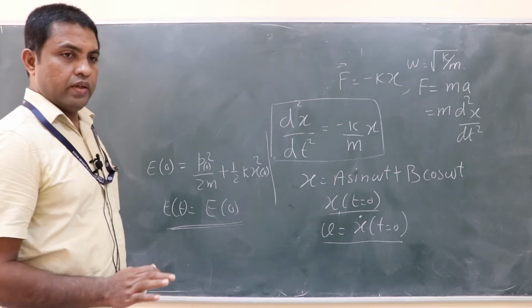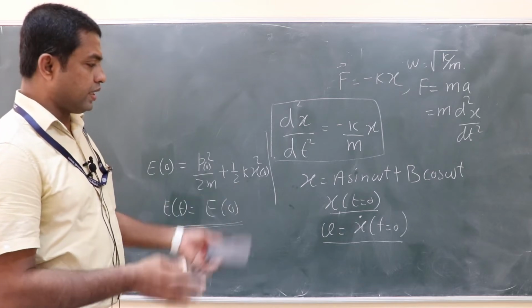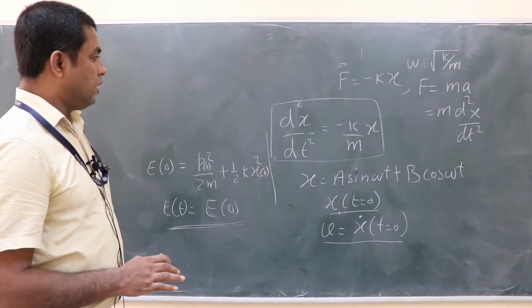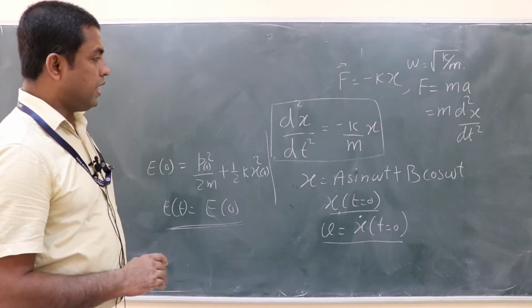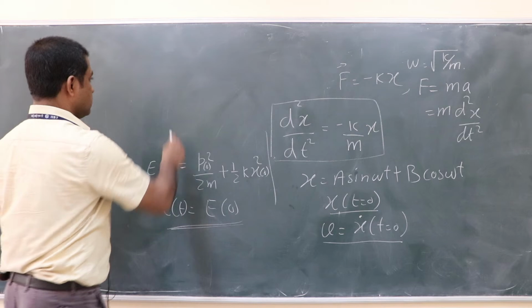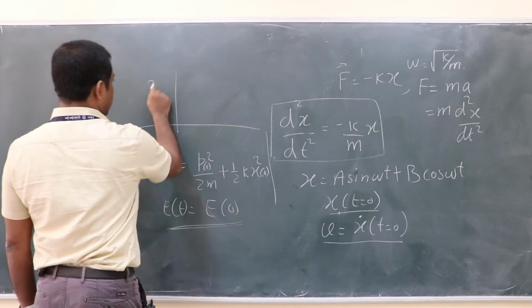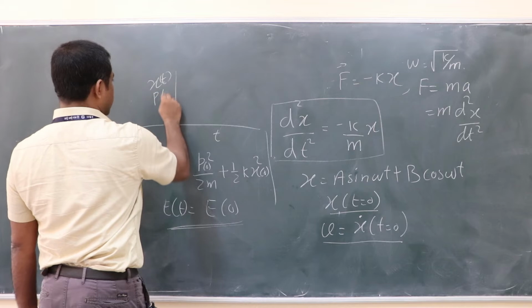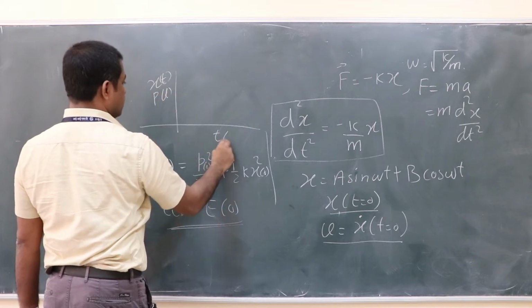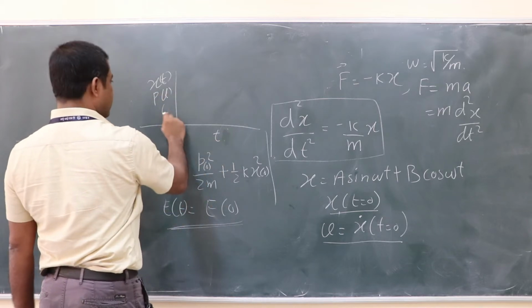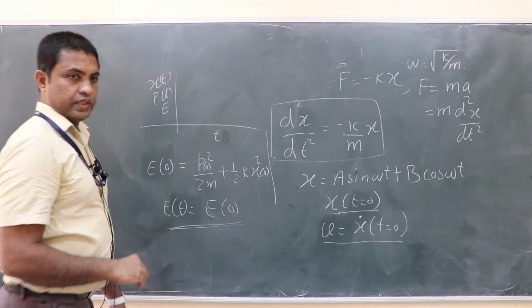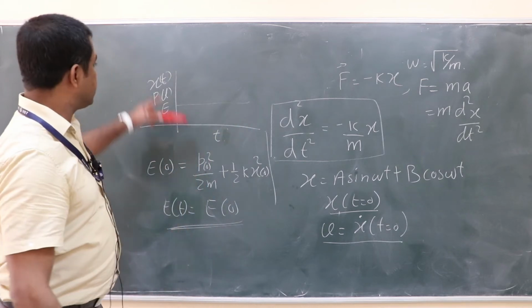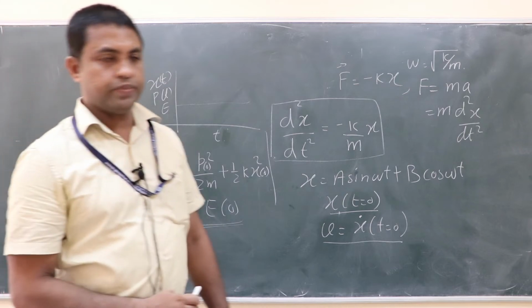Given the initial conditions x of 0 and x dot of 0, you can solve this equation explicitly, analytically, and plot x of t versus t, p of t versus t, and energy versus t. The energy will be constant, and x and p will be changing sinusoidally.